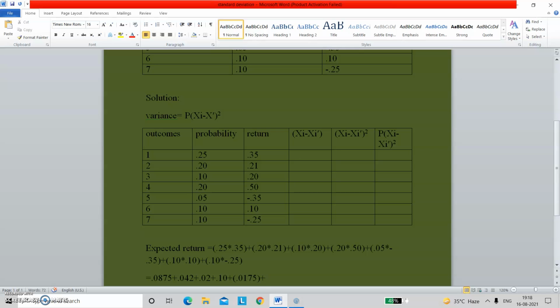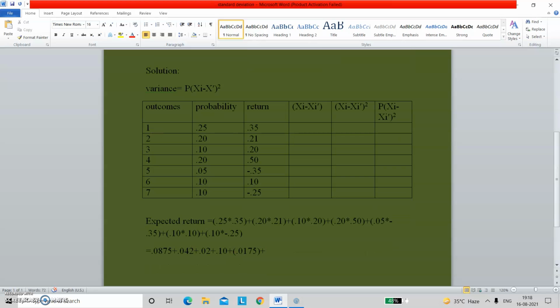Right? Then 0.10 into 0.10 is 0.010. And last, again we put the bracket, this is 0.025. Right? So we have got these 7 answers. Now we are going to sum them up: 0.0875 plus 0.042 plus 0.02 plus 0.10 minus 0.0175 plus 0.10 and minus 0.025. So this is going to be 0.307, right? So this is my expected return.